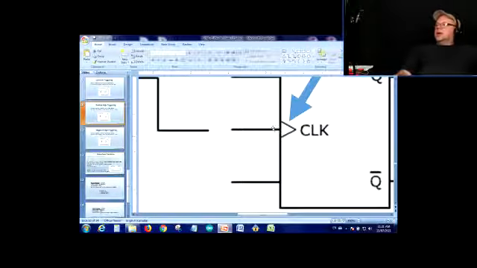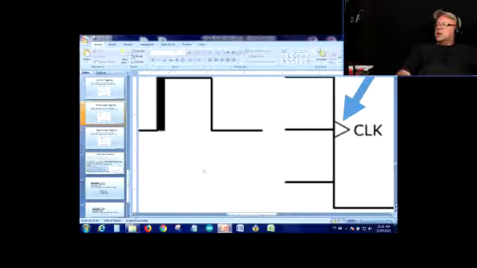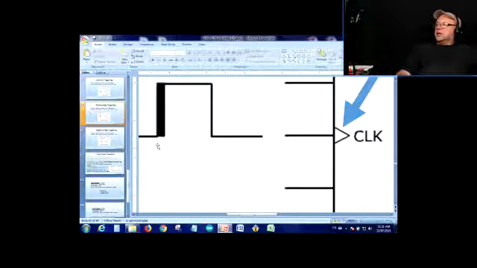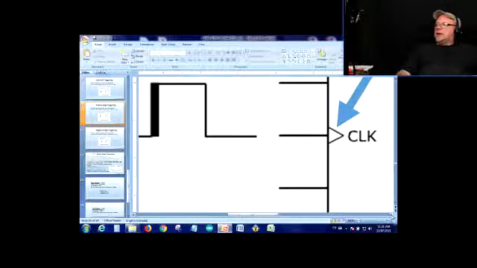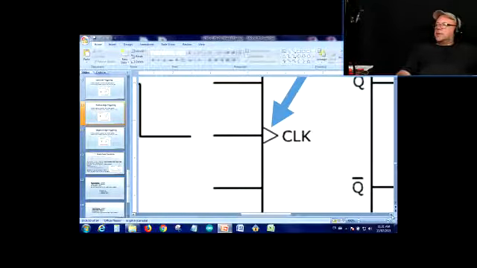There you go, so that means it's a positive edge trigger. The device will react to the positive side of the waveform. When it changes from low to high, then something is going to happen.